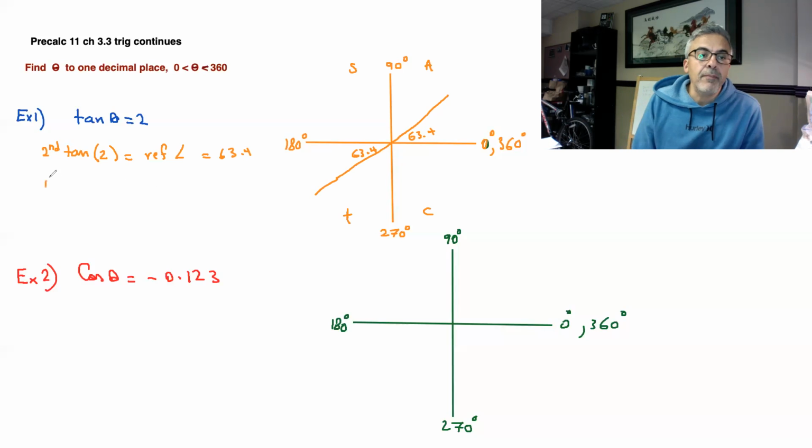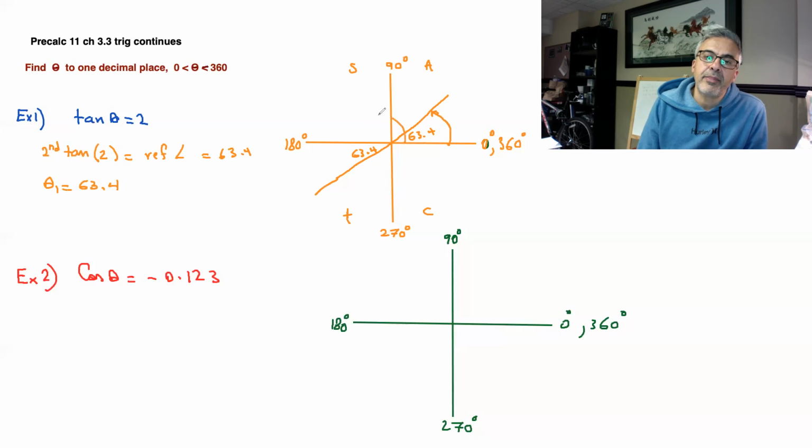So theta 1, because we always measure the angles from 0, is simple. It's the same as the reference angle. But for theta 2, you go all the way to 180 and add that extra reference angle right there.